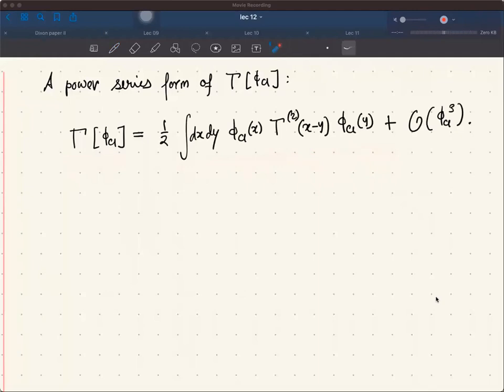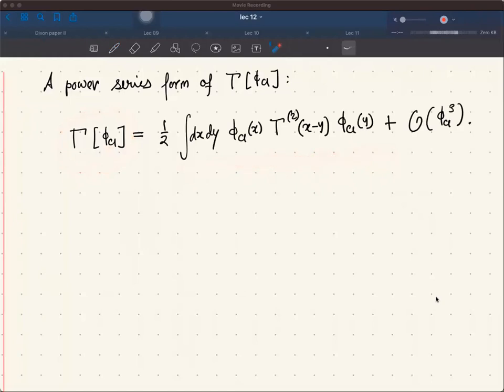Ideally speaking, more generally, if you Taylor expand gamma of phi_cl around phi_cl equal to 0, the first term will be gamma at phi_cl equal to 0, that is 0. Then the next term will be linear in phi_cl, with the first derivative of gamma with respect to phi_cl.